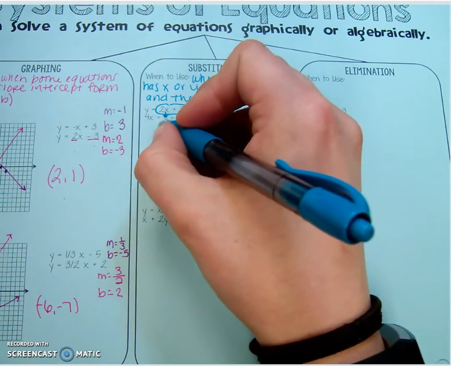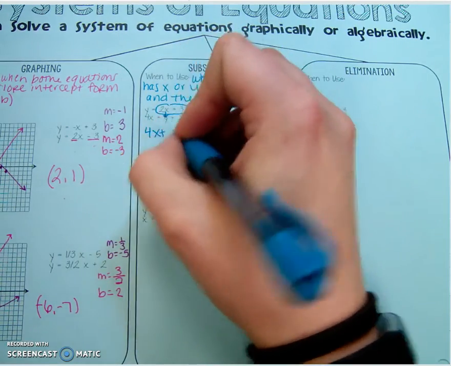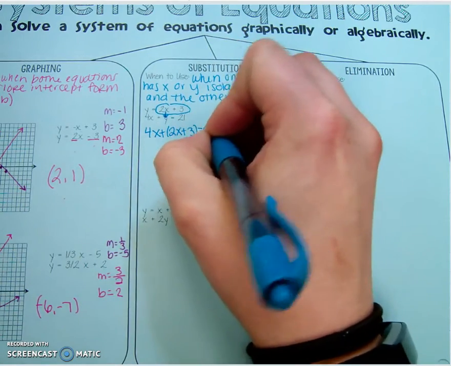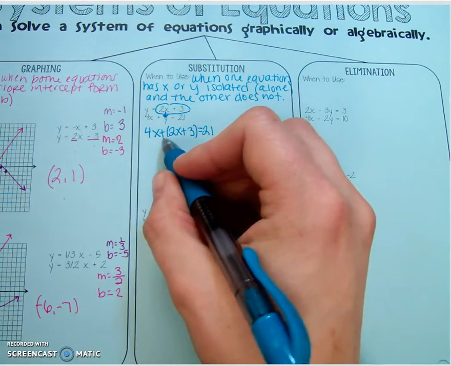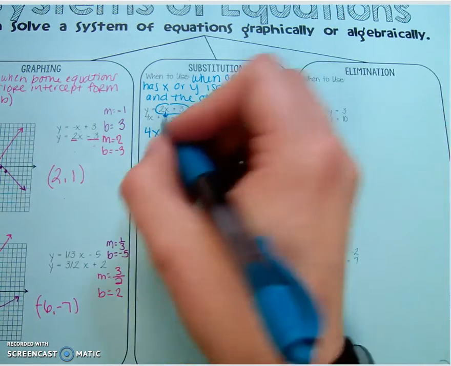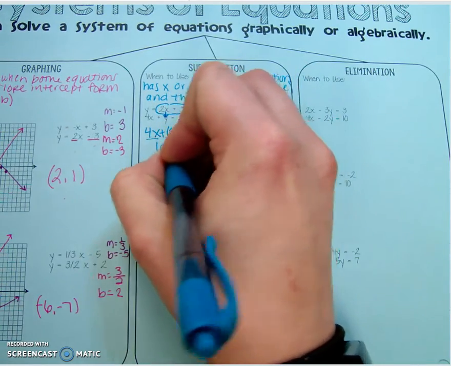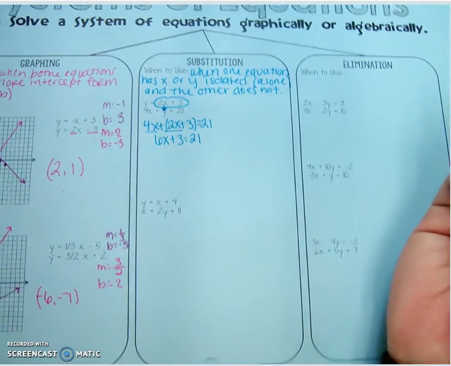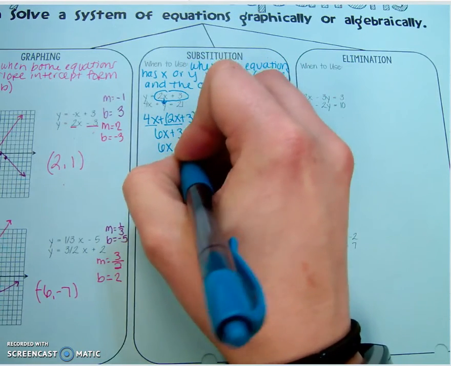So 4x plus the 2x plus 3 equals 21. I don't have to distribute anything because there's a positive 1 there. 4x and 2x are my like terms. 6x plus 3 is 21. Subtract 3 from both sides.